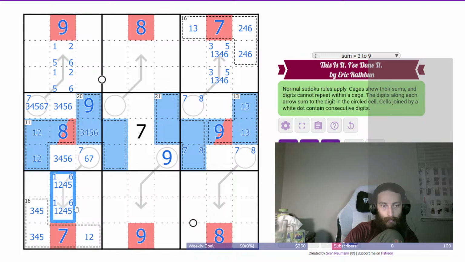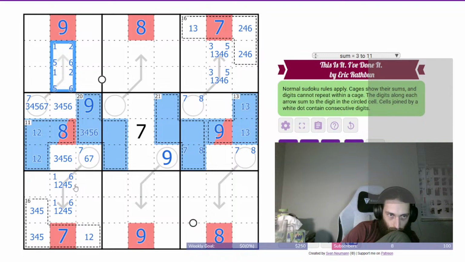Well, if it's 6, then the other circle has to be 7. Right. And that would make this 1, 2, 5, 6. But this 2, 5, would this not work?